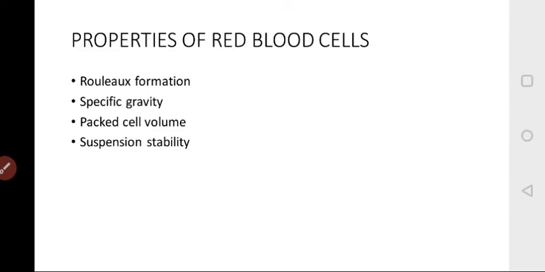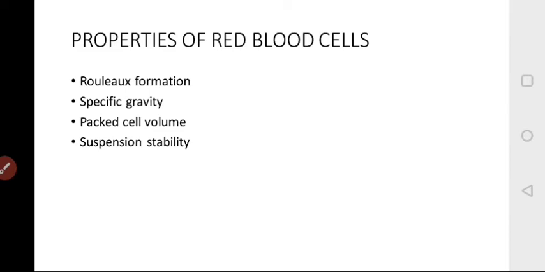Now we will see the specific gravity. The specific gravity of RBC is 1.092 to 1.101. Now we will see packed cell volume. Packed cell volume is the proportion of blood occupied by RBCs expressed in percentage.